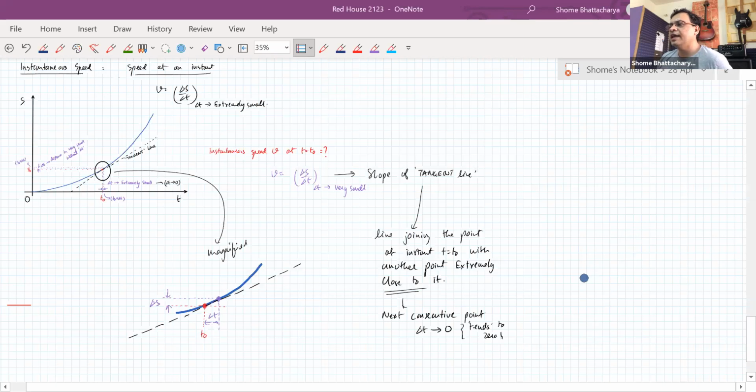So when we are talking about the tangent between 2 points on a curve, the tangent should be a line joining 1 point on the curve with the next consecutive point only. Then it is a perfect tangent. If we manage to join 2 such consecutive points, then the line we draw by extending it is nothing but the tangent line.